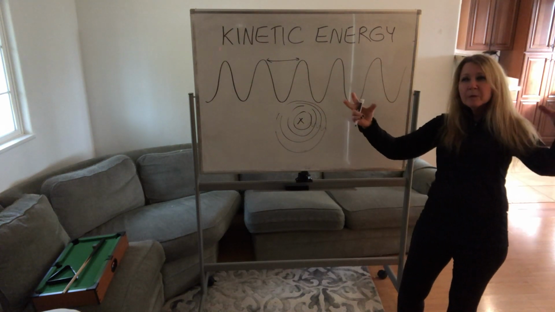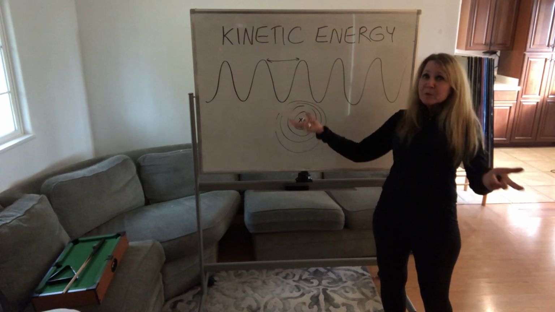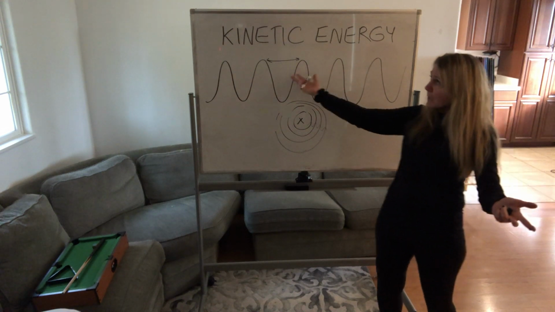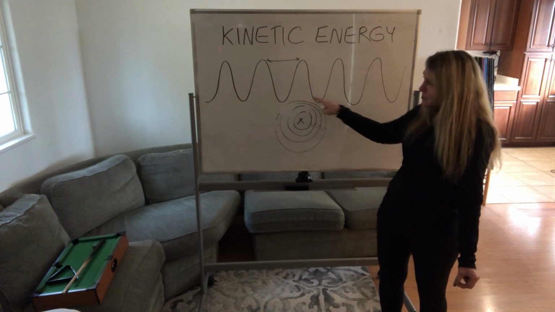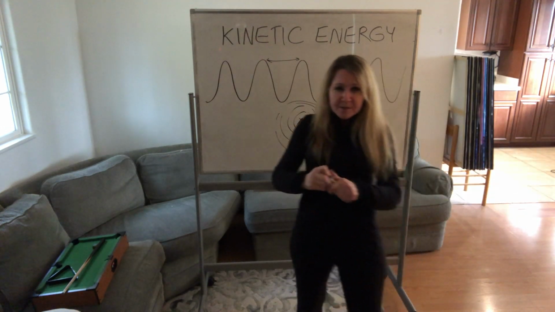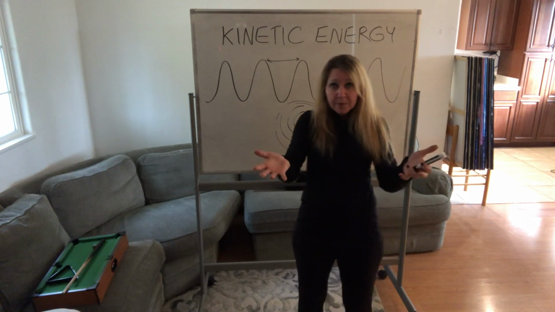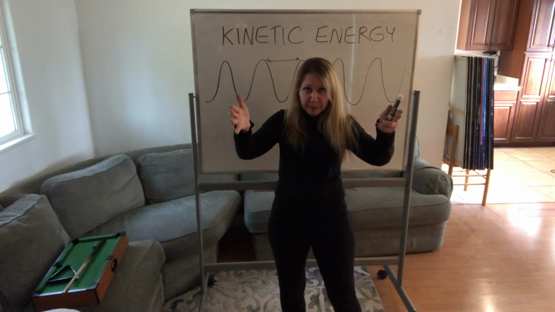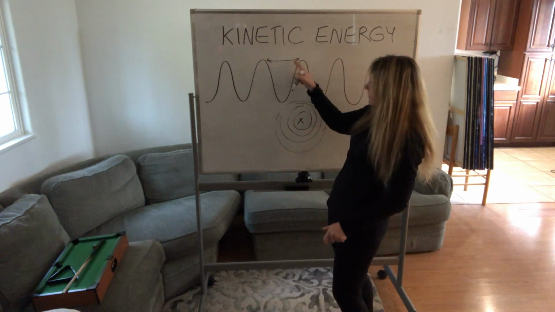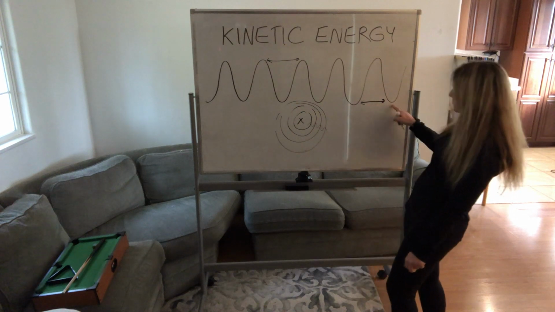We're going to learn about amplitude and frequency a little later, but for now, it's the distance between the peaks or the distance between the troughs, which are the bottom parts of the wave. Wavelength is the length of a wave: the distance from peak to peak, or from trough to trough.